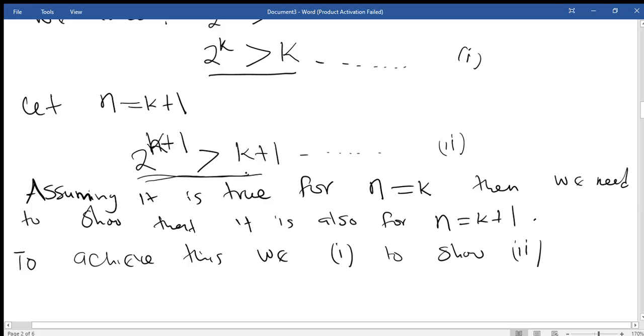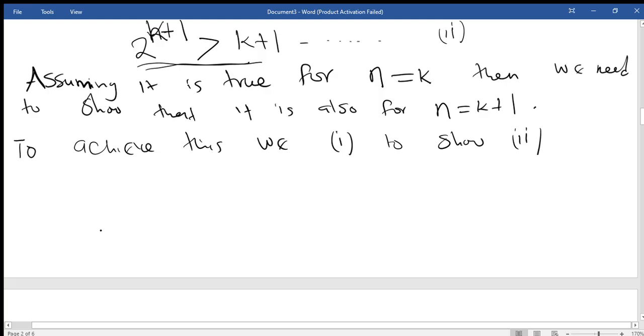There's something which needs to be done to equation 1 so that equation 2 can also happen. Equation 1 is 2 power k is greater than k. Remember, we want something similar to equation 2, and equation 2 does not have 2 power k, but has 2 power k plus 1. So it's up to you now to see what you can do to your left hand side so that you can have 2 power k plus 1.